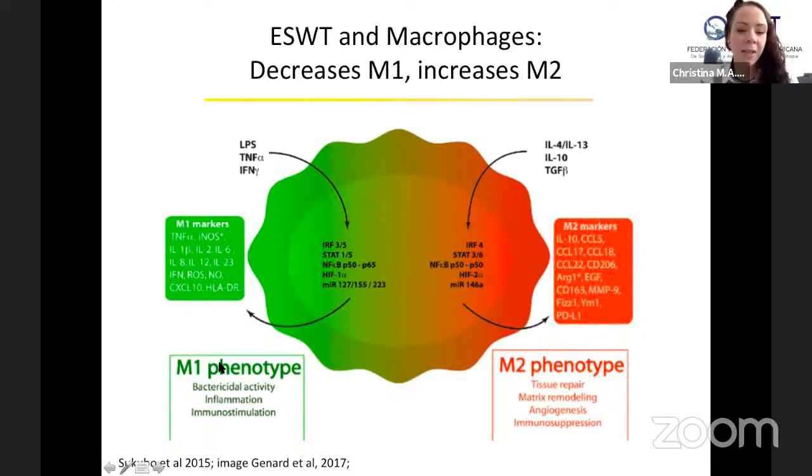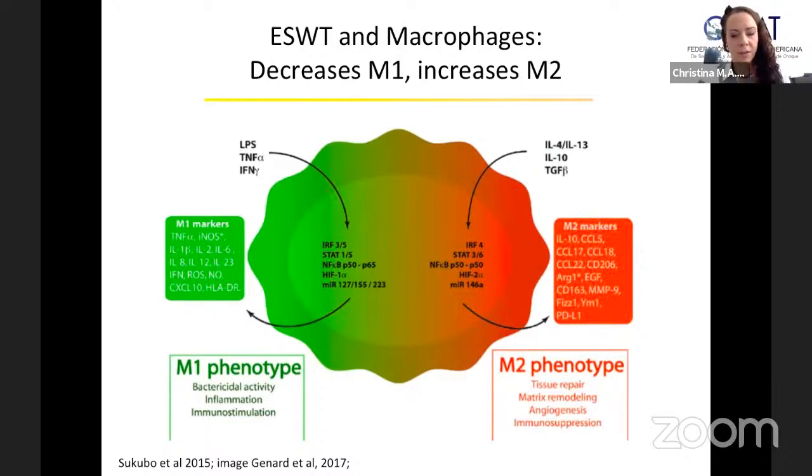In the year 2015, in an experimental setup, Sukubo et al. had a look at how extracorporeal shockwave treatment affects the differentiation of macrophages. They subjected undifferentiated macrophages, neither M1 nor M2, to shockwave treatment, and evaluated whether shockwave treatment alone can trigger this differentiation.